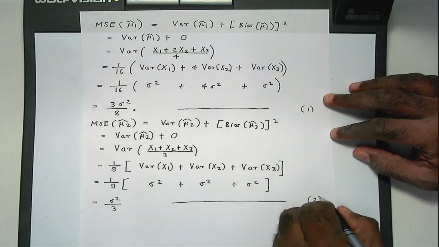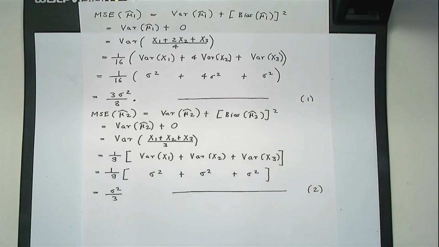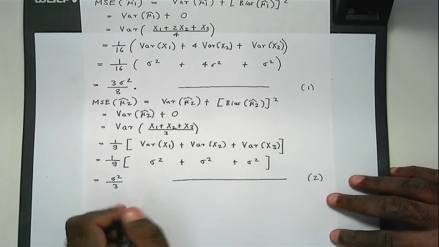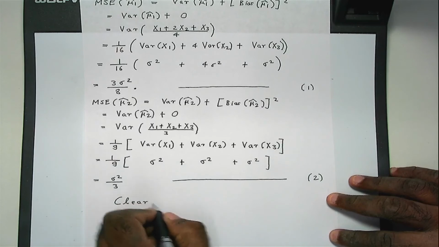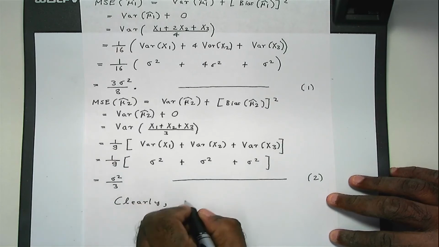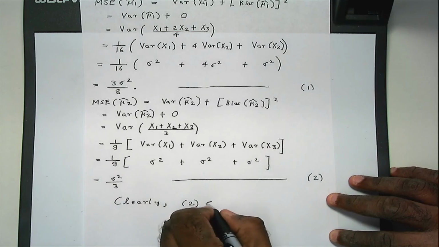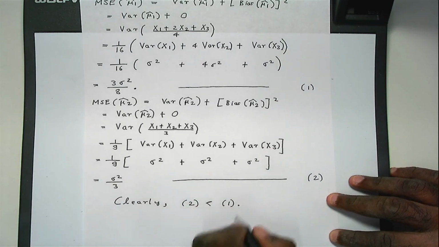Now the question is, which of them is smaller, right? Whether equation 2 is smaller or equation 1 is smaller. Clearly 2 is smaller than 1. Right.